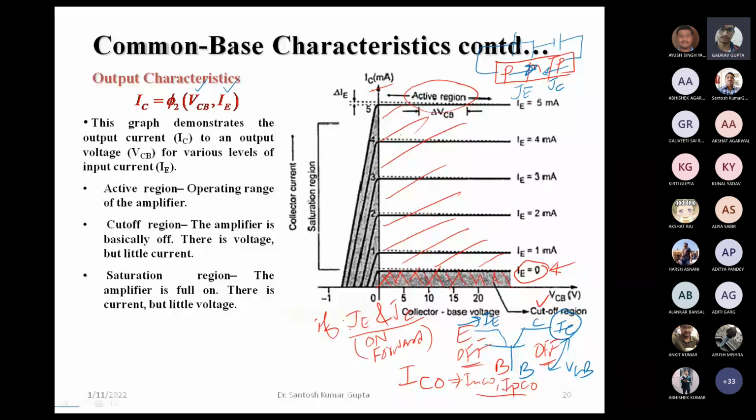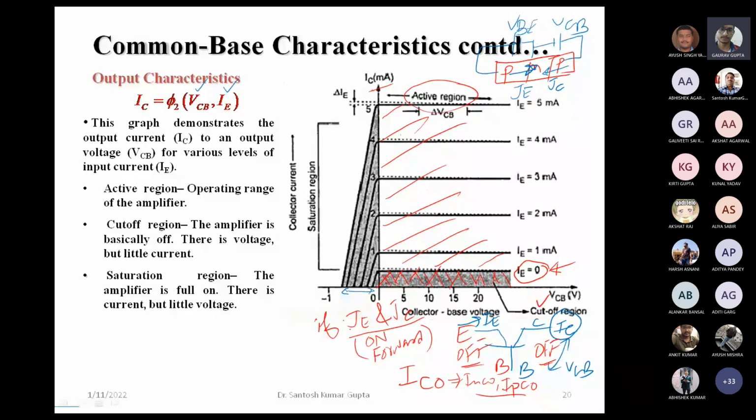Because of this, we will see a difference in the currents here, and the current is going to change exponentially as VBE and VCB are changed. So there is a huge change in the current with a small change in voltage across VCB.